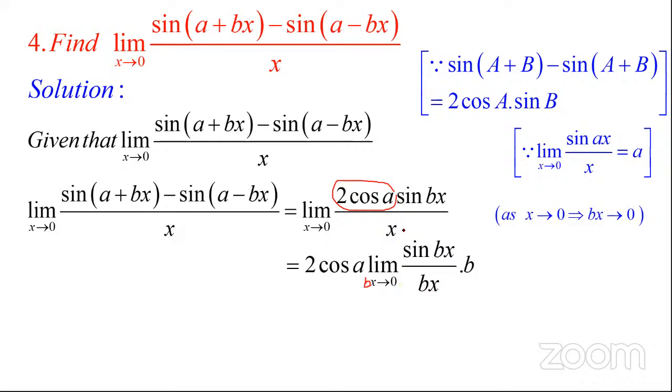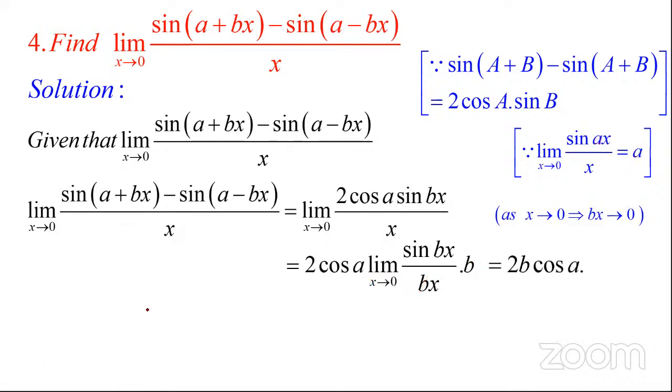Otherwise, we can write it like this: no need to multiply and divide with b. Just write b in the place of that one, then you will get the value b. If you multiply and divide with this, you have to change the limit value to bx. If you don't, then you have to use this formula.